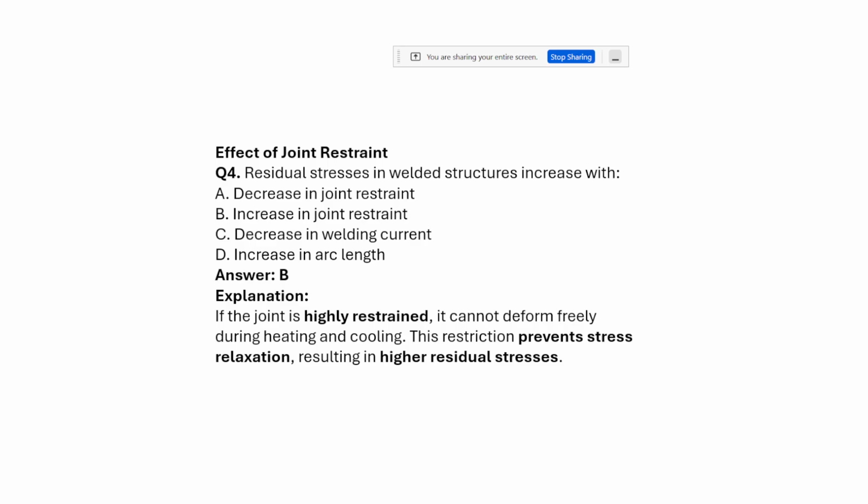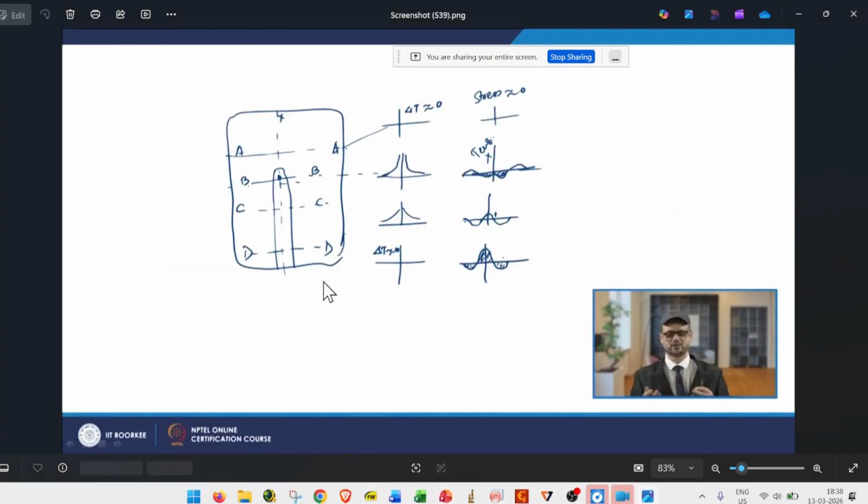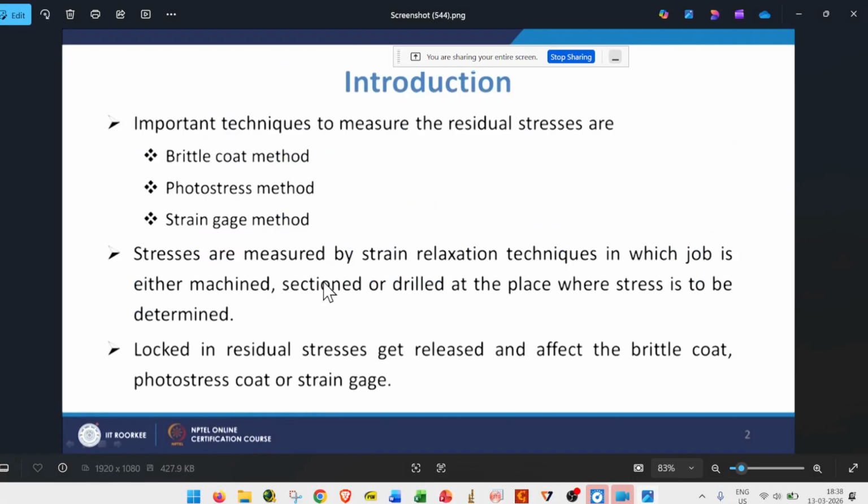The residual stresses in the welding structure increase with: A, decreasing the weld joint restraint; B, increasing the weld joint restraint; C, decreasing the weld current; D, increasing the arc length. So residual stresses in welding come mainly from three reasons.